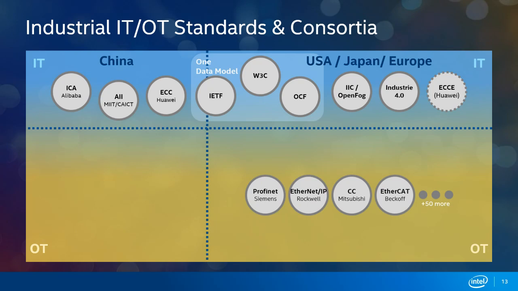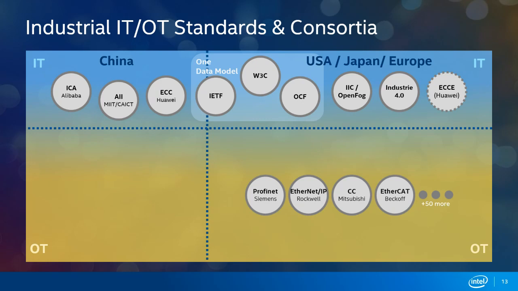Within China, there's a lot of specific entities driven by private and government industries. Alibaba has ICA, which is the IoT Connectivity Alliance. Huawei has ECC, which is the Edge Computing Consortium. And then some government agencies, MIIT and CAICT, drive a consortia, which is AII.